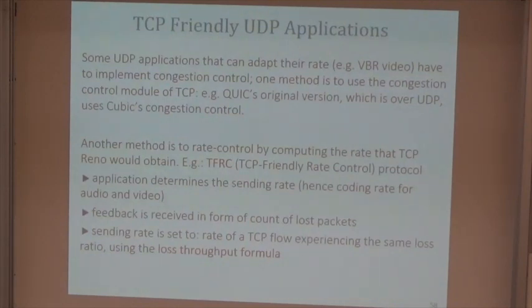So classical methods for managing video applications is to have a rate control coupled with the coding method, with a video coding method. If the rate is small, then you code with a low resolution, both in number of pixels and in depth of the colors, for example.